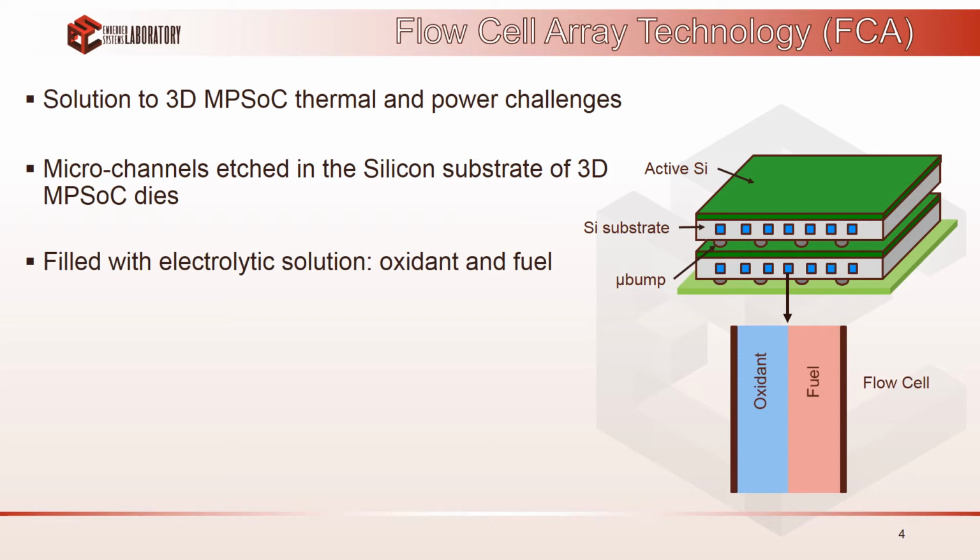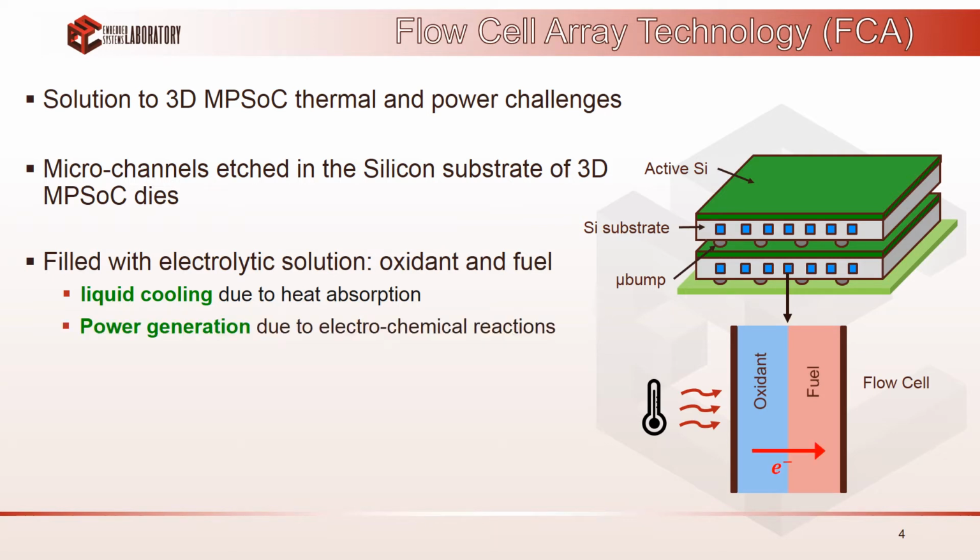The FCAs consist of microchannels that are etched in the silicon substrate of 3D MPSoC dies, and these channels contain an electrolytic solution which flows inside and serves two main purposes. First, the liquid absorbs the heat that is generated by the activity of the dies and serves as on-chip liquid cooling. And second, the electrolyte inside the channel electrochemically reacts to generate an electrical current that can be used to partially power the logic gates.